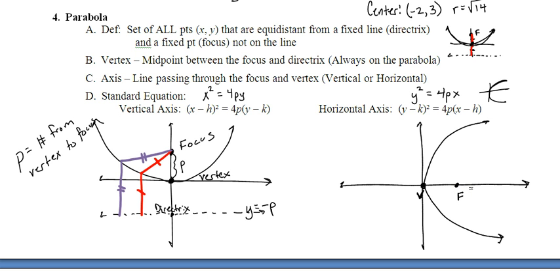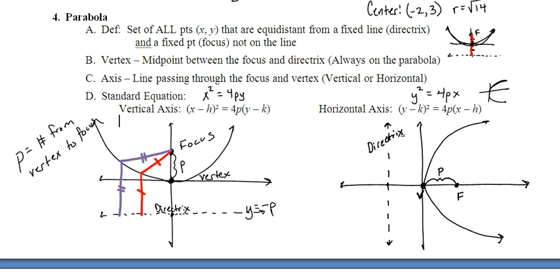I label the focus with an F. And then this distance, remember, from your vertex to your focus, it has to be in that direction, vertex to focus. That is that p-value, which goes into our equation, so it always has to be calculated. I have to go an equal amount of spacing back, and that would create my directrix. We can label that directrix.